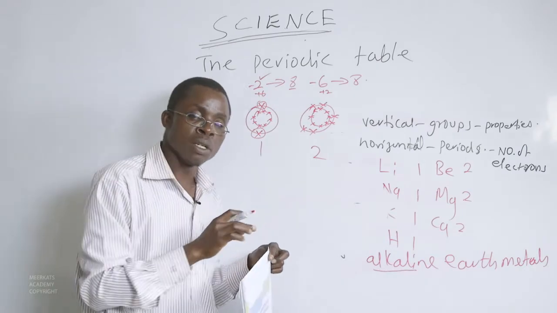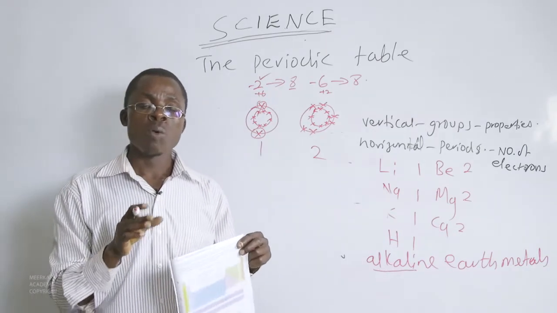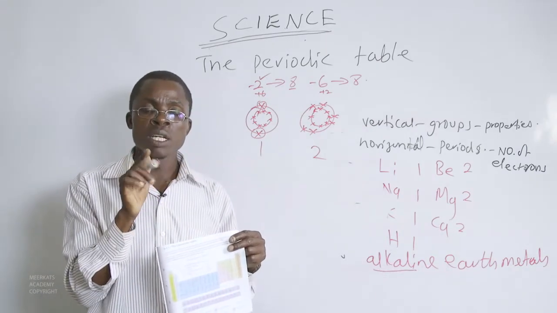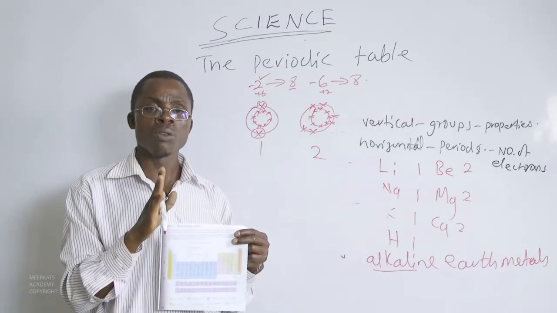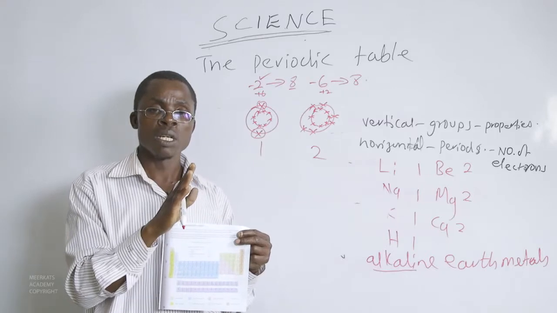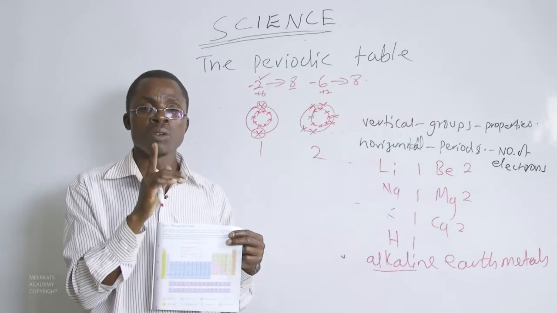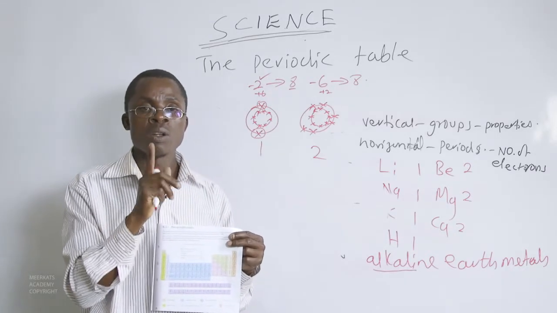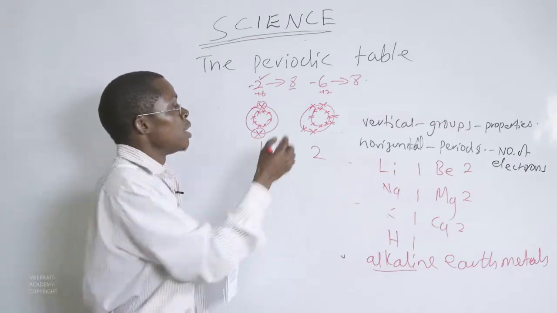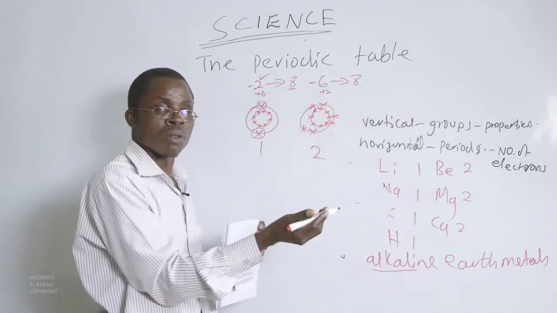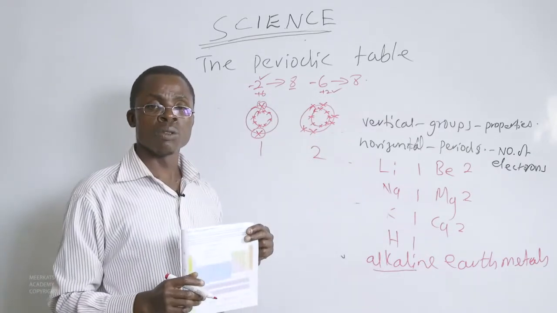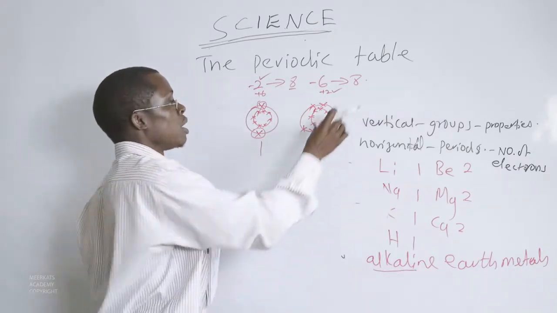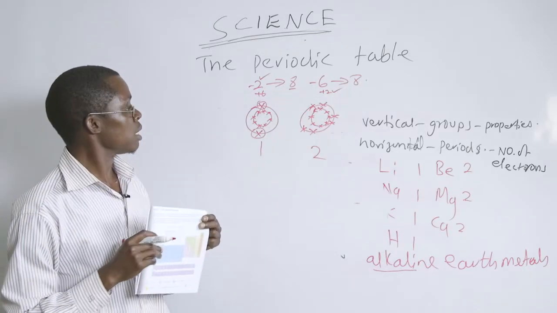As I've said, whether you are losing or gaining, if you are talking about 1 electron, the energy is the same. The energy you will use in losing 1 electron is the same energy you will use in gaining 1 electron. So this one will be 3 times this one. Logic has it that you better gain the 2 electrons so that you can reach 8.